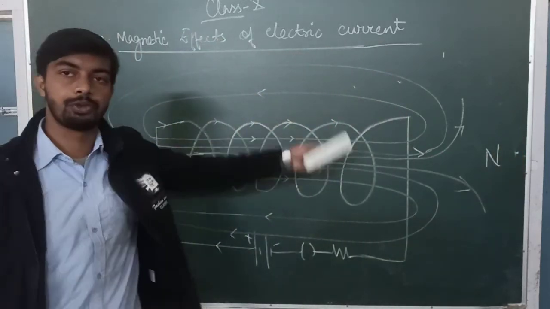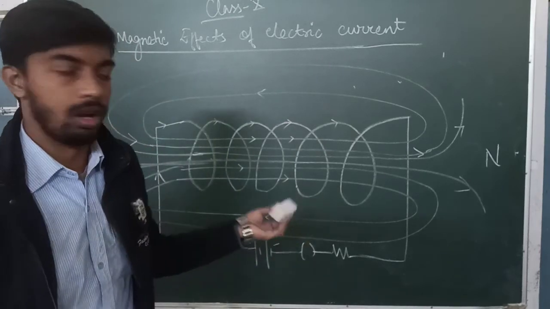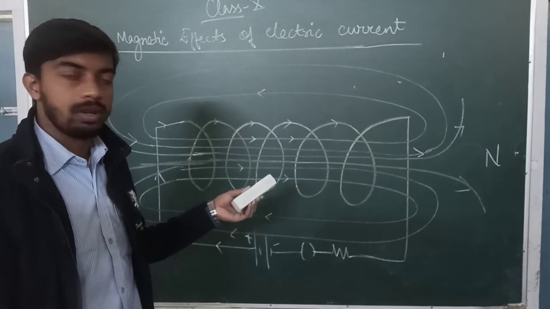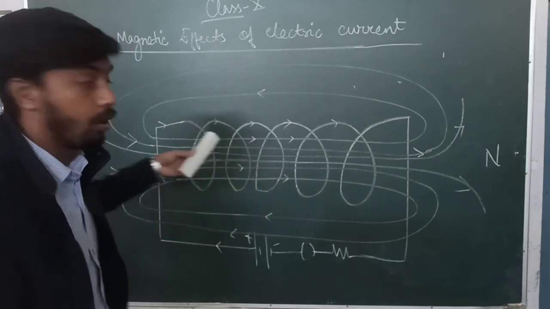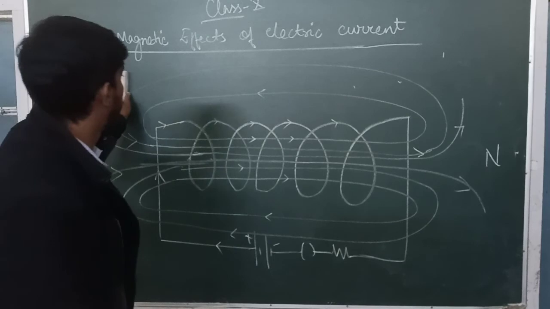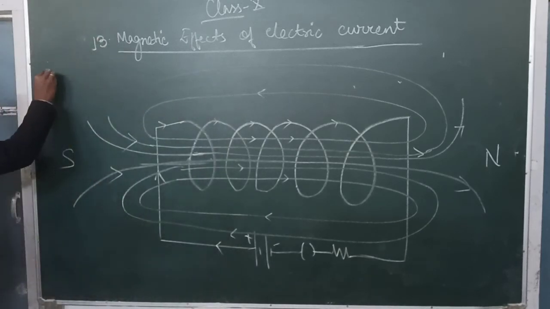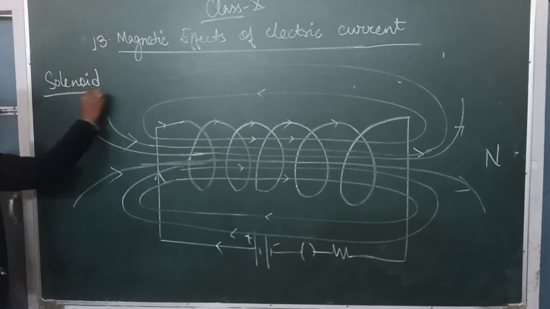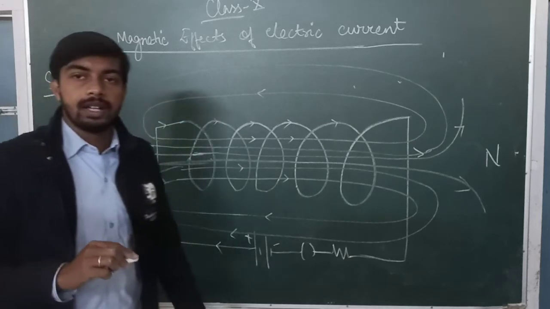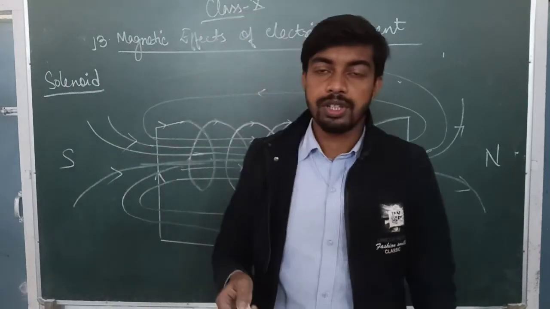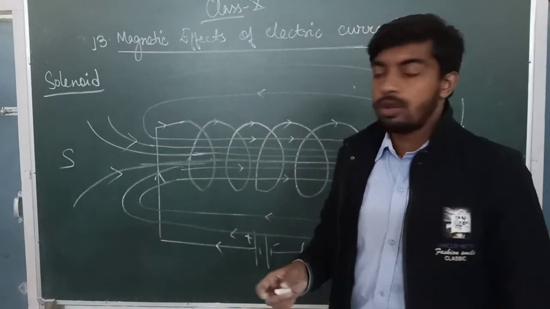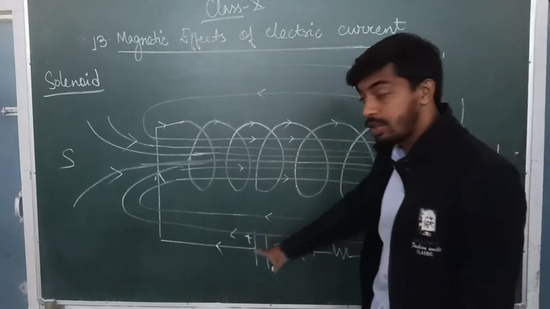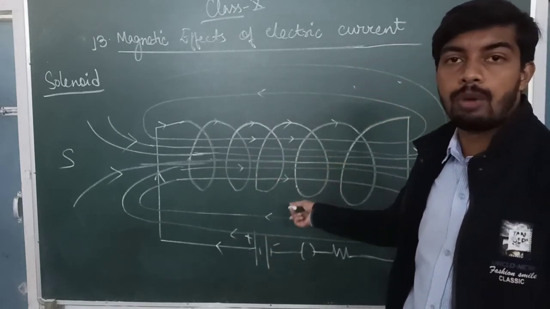Magnetic field lines will move through the inside of the coil, and this coil, having a number of turns, is known as a solenoid. A solenoid can also be said to be an electromagnet. When current is passing through the coil, it will act like a magnet, and when the current stops, the magnetic field will also stop within the coil.